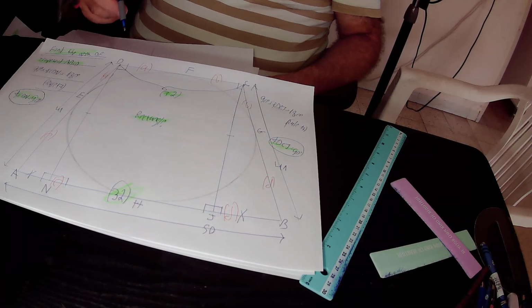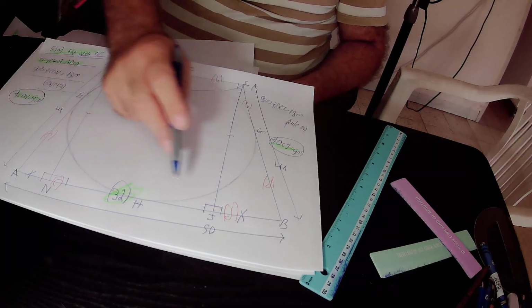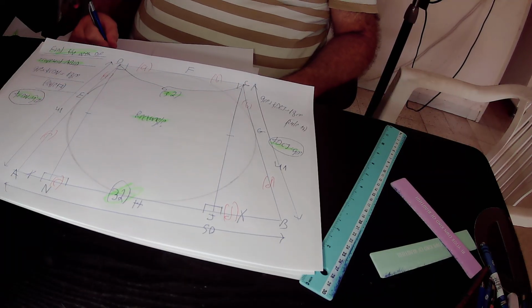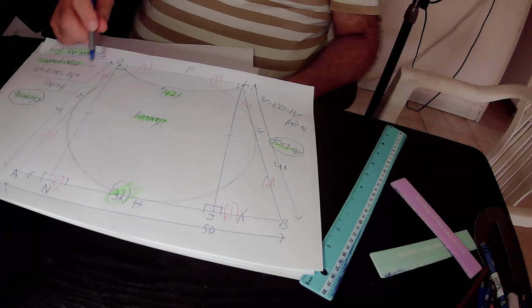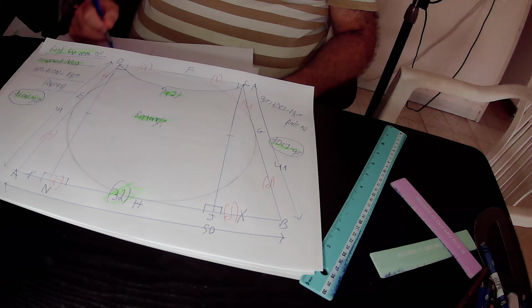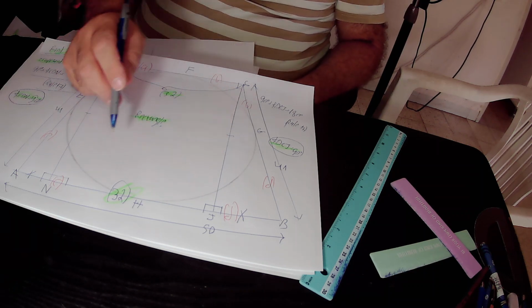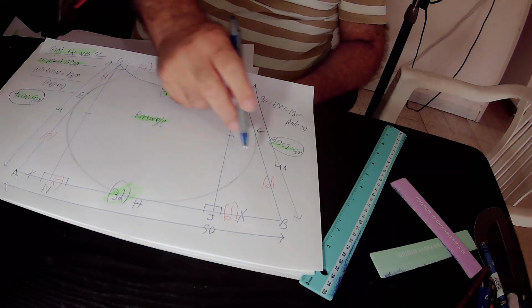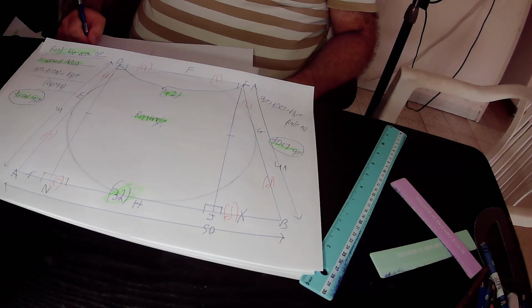So what is the length of AB? AB in total equals 50 from one side, but from the other side AB also equals AN, that is x, plus NJ, that is 32, plus JB, that is x.